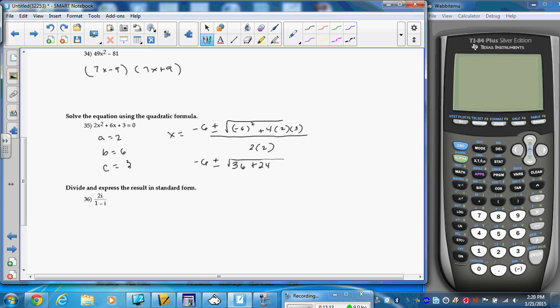So 36 and 24 are under the radical. The bottom turns out to be a 4. What's 36 and 24 under the radical? 36 plus 24, that's 60. So we do need to simplify this a bit. What goes into 60?